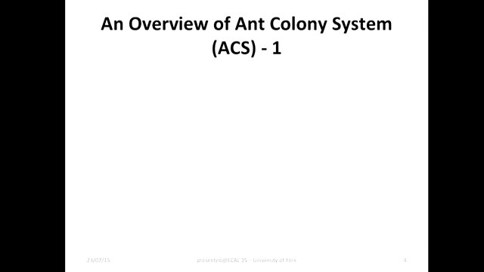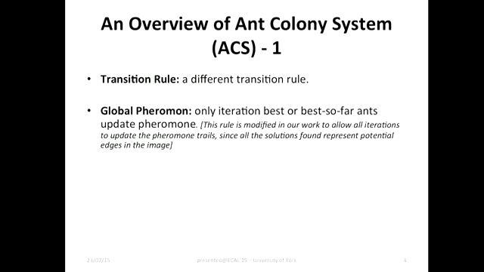Here is also a brief overview of the differences the ant colony system has in general from the ACO algorithm. First, it has a different probability transition rule from other ACO systems, which you are going to see on the next slide. It also uses a kind of global pheromone update. All ACO algorithms actually use a pheromone update at the end of each iteration, where the solutions found in the previous iteration are rewarded in terms of pheromone, and this is an offline operation.